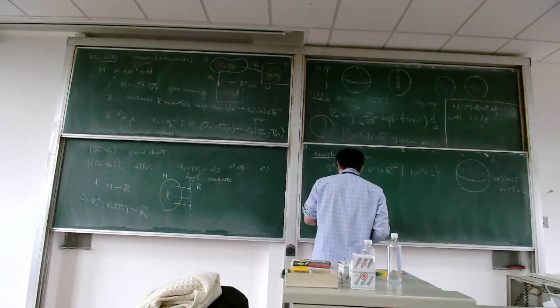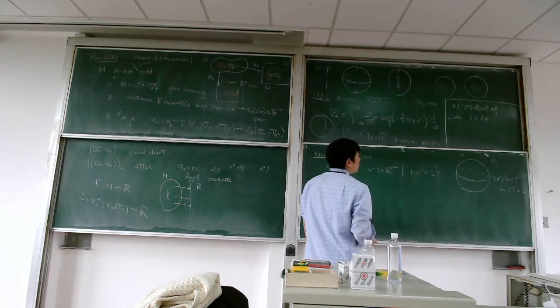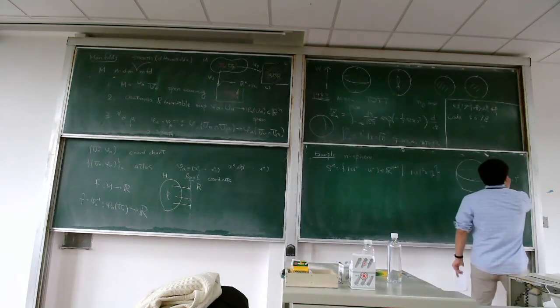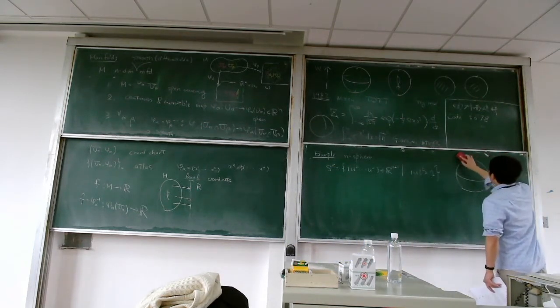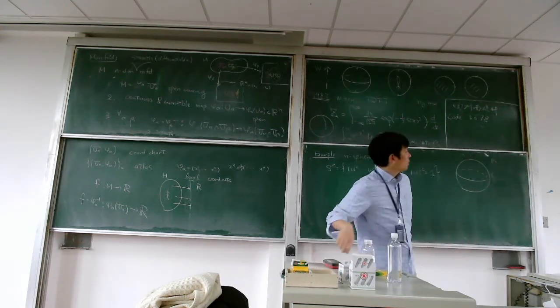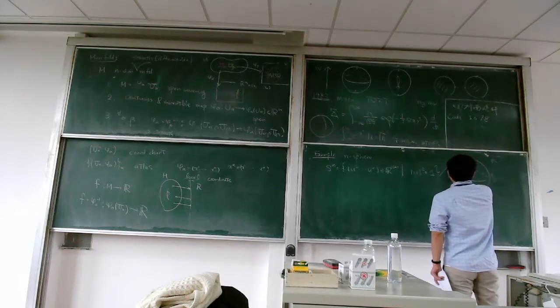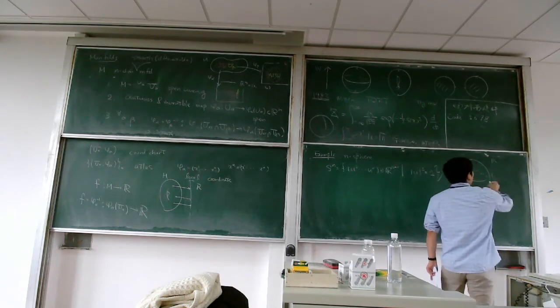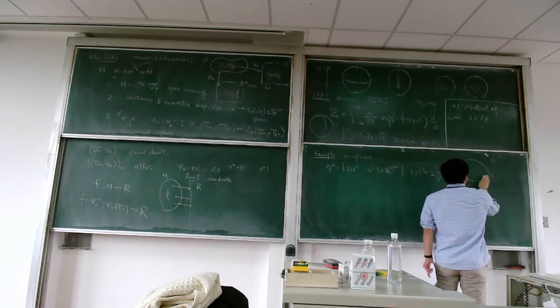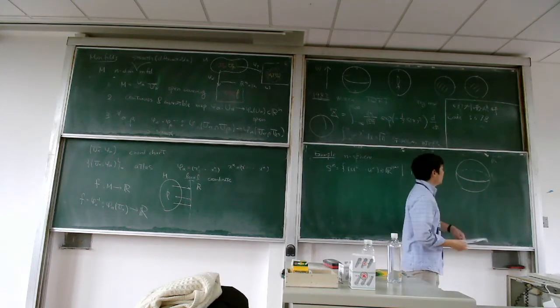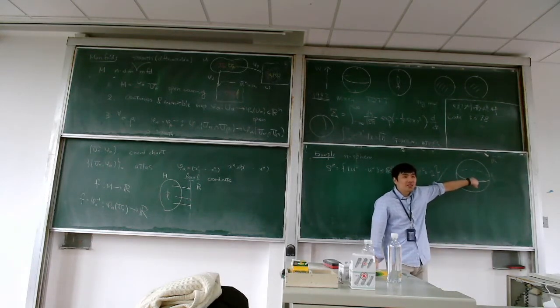So for now, I consider this one inside Rn+1 and look at the intersection. Now the equator is what?